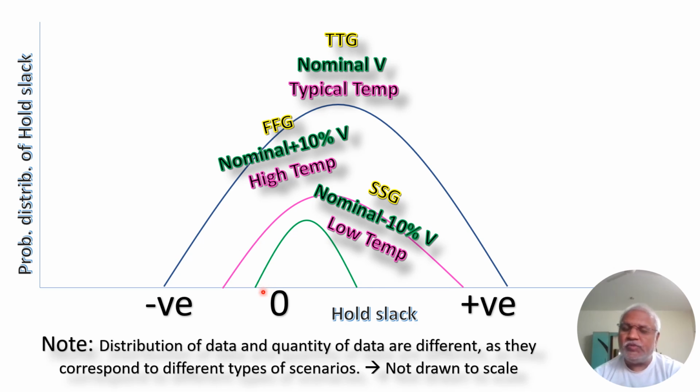That is true, and in the coming slides we will show you more. So it is not necessary that the slow global corner at nominal minus 10% and low temperature will always have positive hold slack.